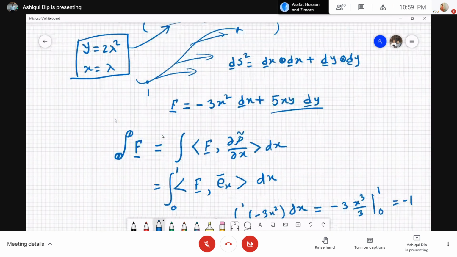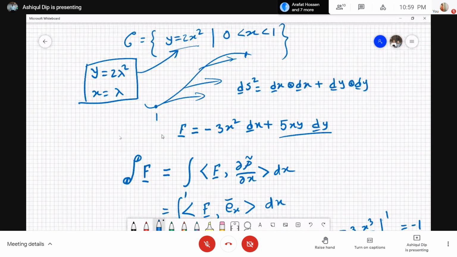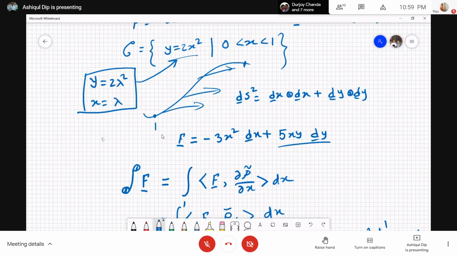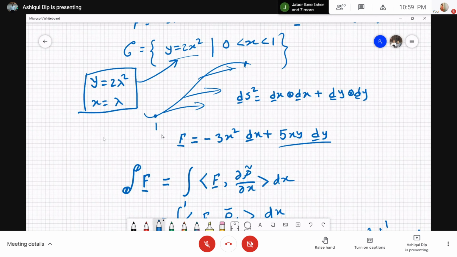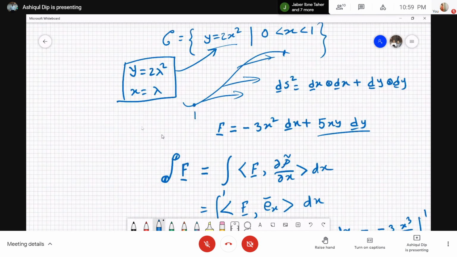Did I make a mistake in parameterizing things? Why? Delta p tilde by delta lambda equals to, yes, I made a mistake.